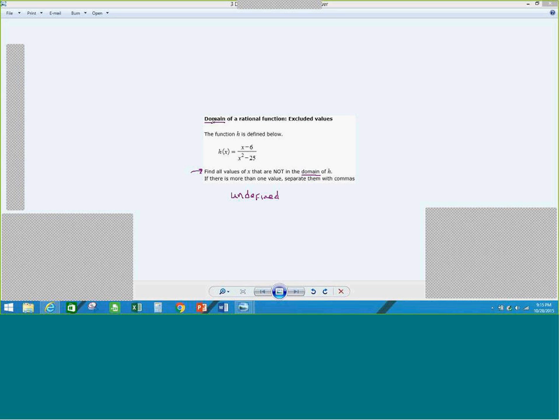So for problems that discuss the domain of rational expressions, the only thing I care about is identifying the denominator and setting it equal to 0.